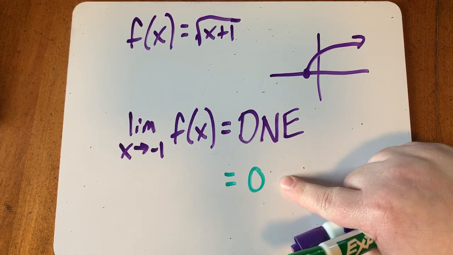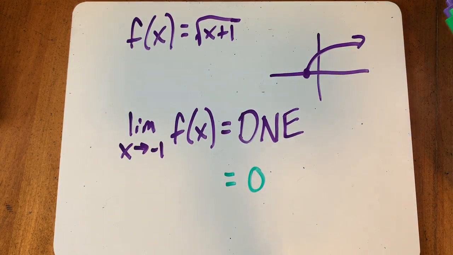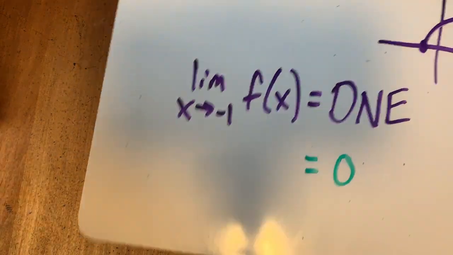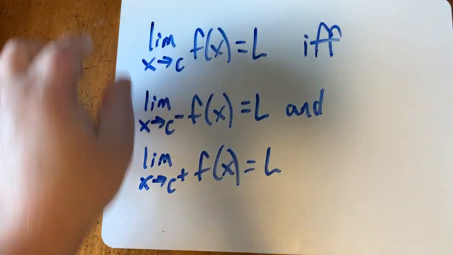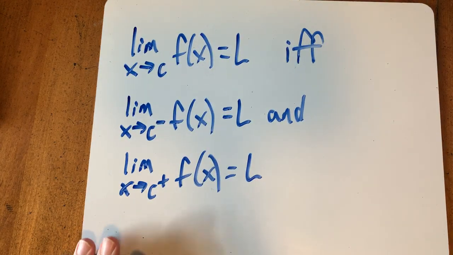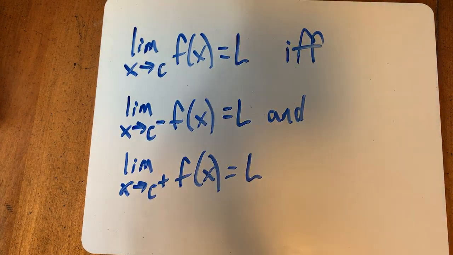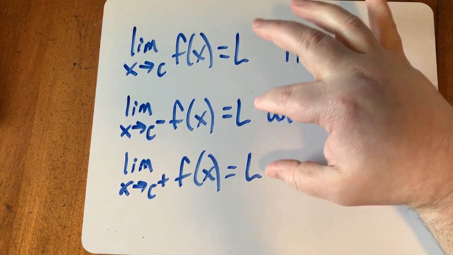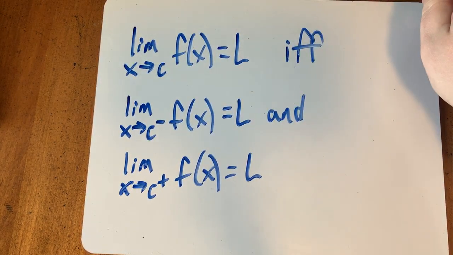I'm just warning you, you may have teachers that expect that. But I just want you to see that I am going by this. All right? I will always be going by this. This exists if and only if those are both true.